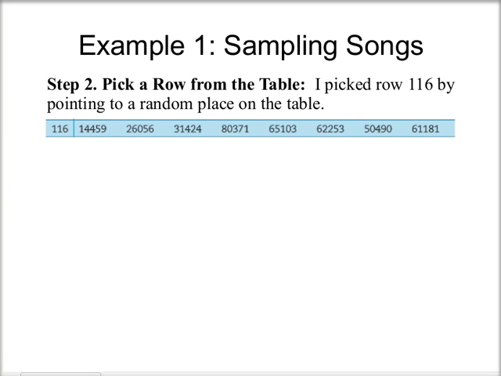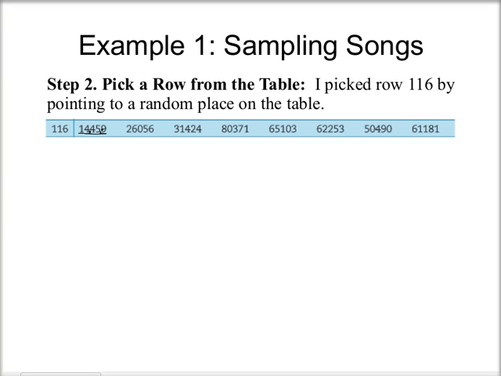So I have randomly picked row number 116 in the table and copied it here. Now I want to read across and take 2 digits at a time as I read across the row. So if I do that, my first label is going to be 14. My second label is going to be 45.